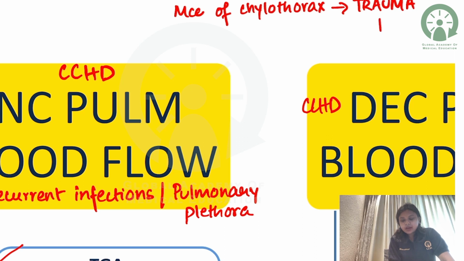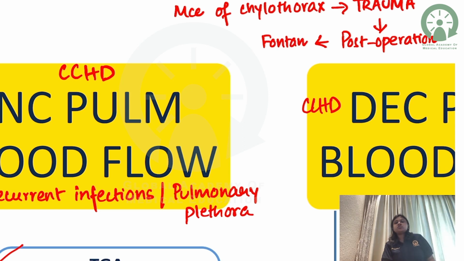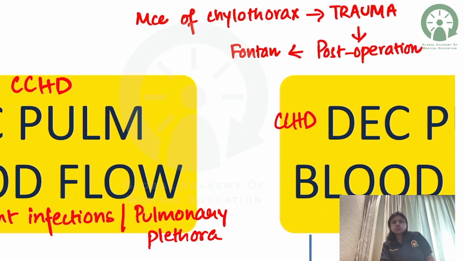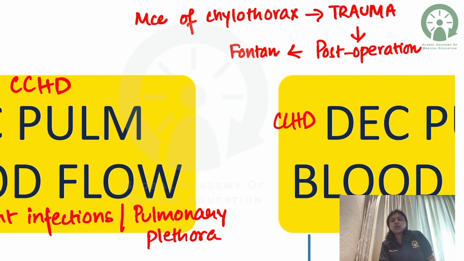And what trauma? It is post-operative. And which operation I am talking about? It is post-Fontan surgery. And Fontan surgery is used for tricuspid atresia. So most common cause of chylothorax is trauma. It is post-operative and it is Fontan's.